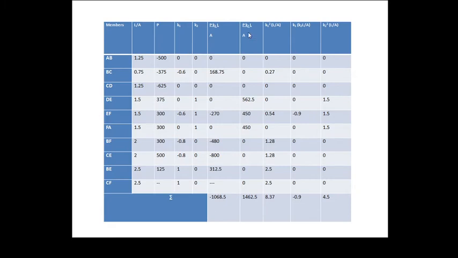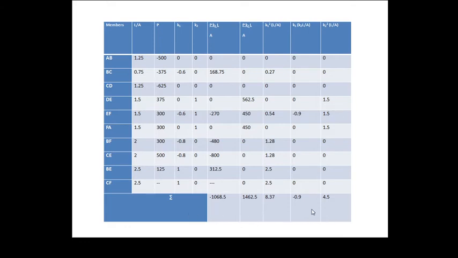Similarly, PK2 L by A summation is 1462.5. Then the summation of this column is 8.37, then the summation of this column is minus 0.9, then the summation of this value is 4.5.